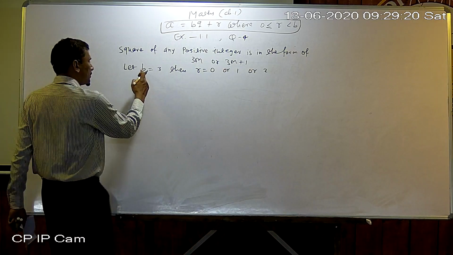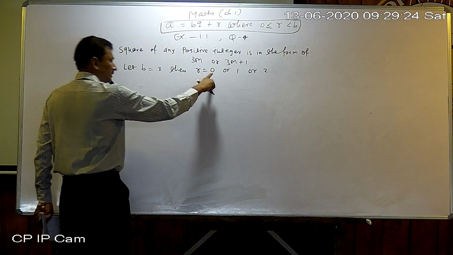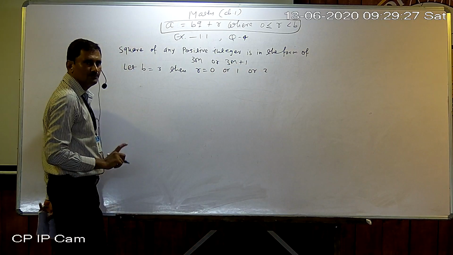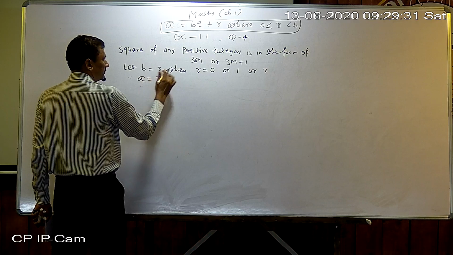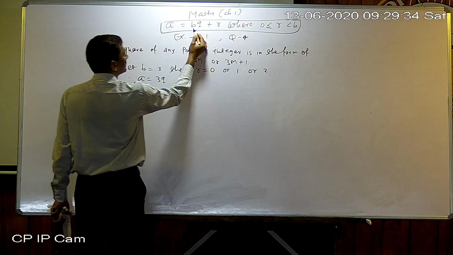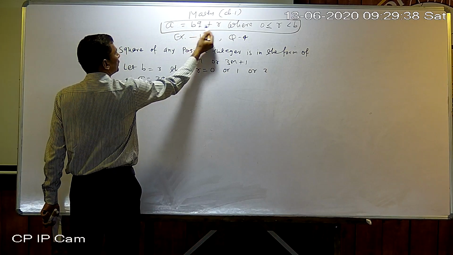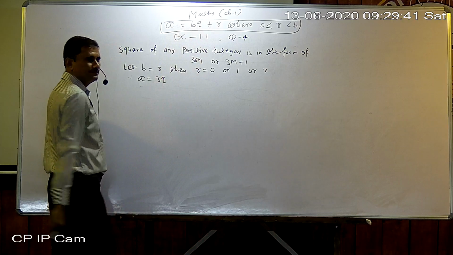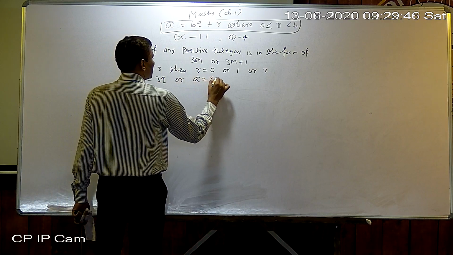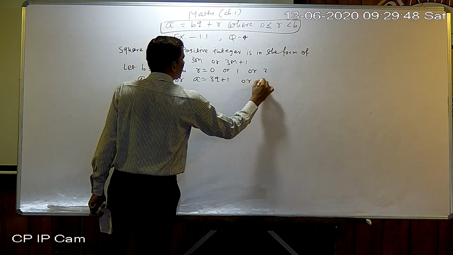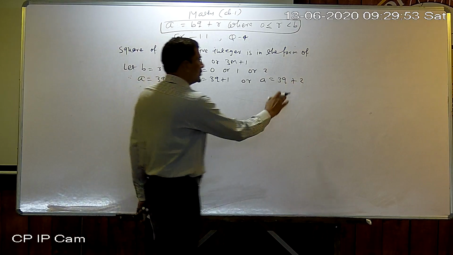According to that b's value, it can be 3q, 3q plus 1 or 3q plus 2. So now write, therefore, a equal to 3q plus 0, then 3q plus 1, so we have b and r both. So 3 expressions we got, or they have given.